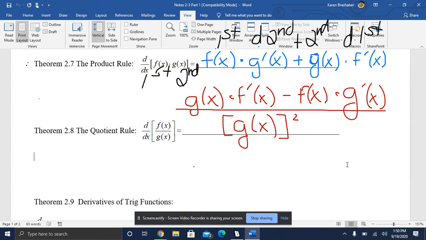The derivative with respect to x of f of x over g of x is g of x times f prime of x minus f of x times g prime of x over g of x squared. Now this one's maybe a little more catchy in terms of the saying.